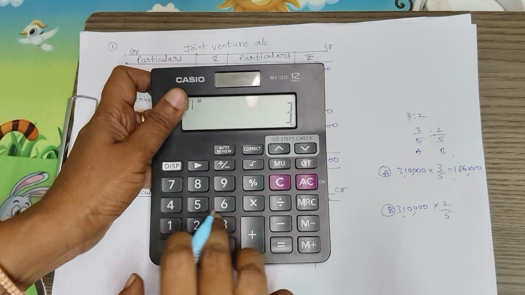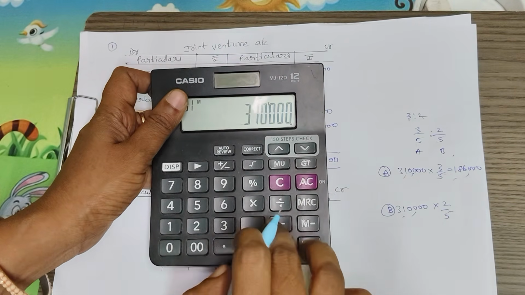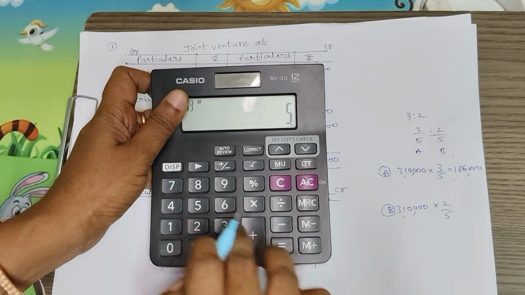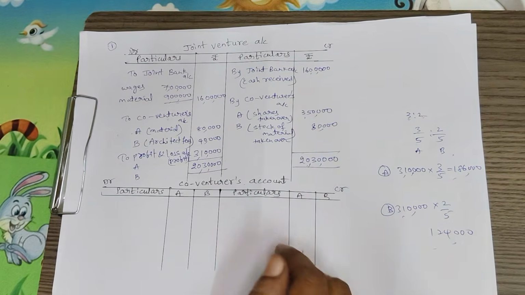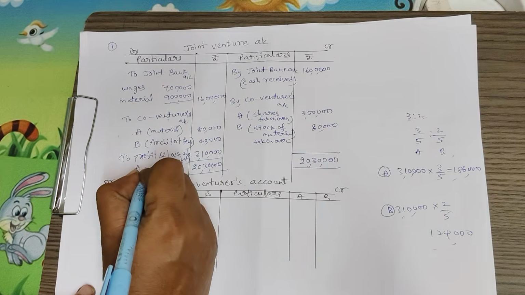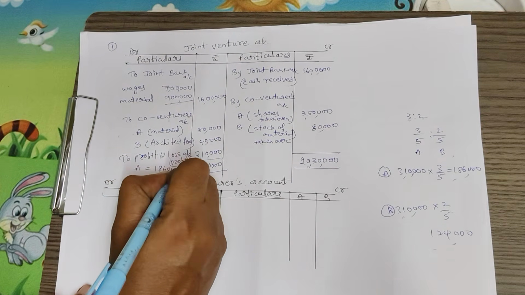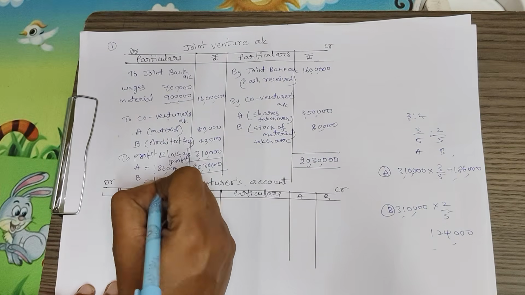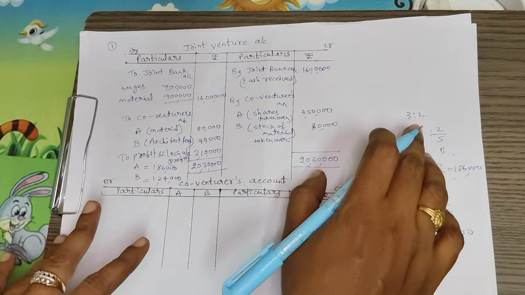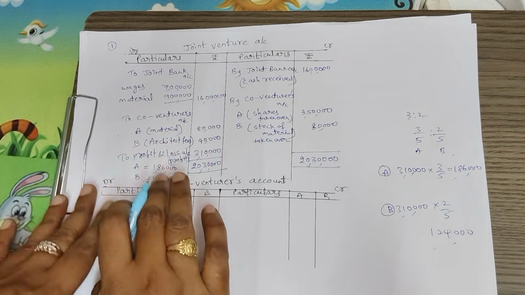And 3 lakhs 10,000 into 2 by 5 is 1,24,000. So A's profit is 1,86,000 and B's profit is 1,24,000. According to this, we need to share profit or loss.